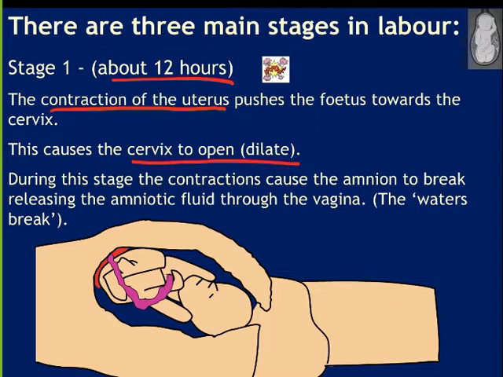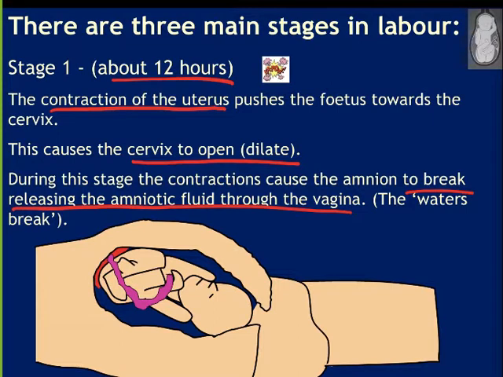The contractions may cause the amniotic sac to break and the fluid to be released. Now, usually your water breaking is toward the end of stage 1. So if it happens first, you should really go to a hospital sooner rather than later.